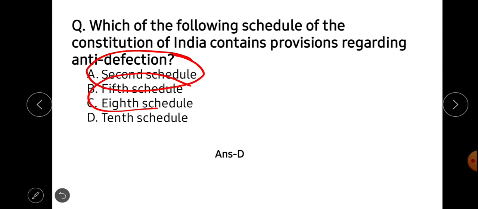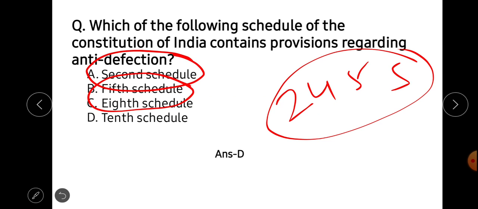Now the second one, the fifth schedule. The fifth schedule contains the allocation of seats in the Rajya Sabha. At present in Rajya Sabha there are how many seats? There are 245 seats at present in Rajya Sabha.